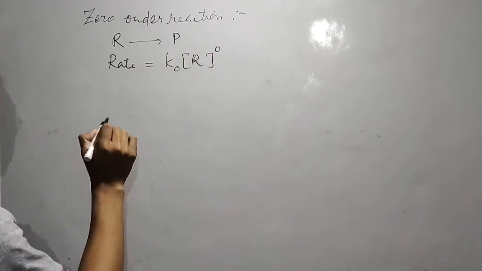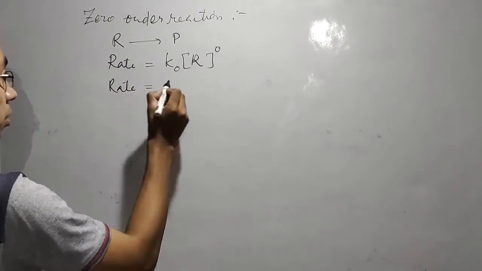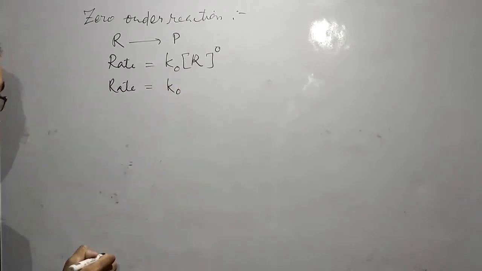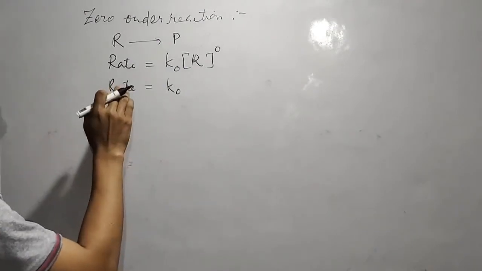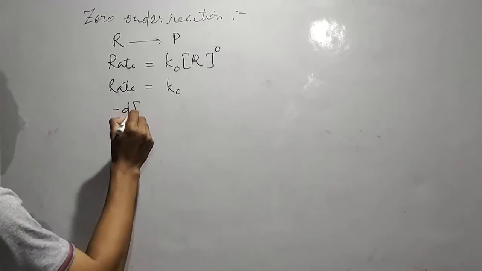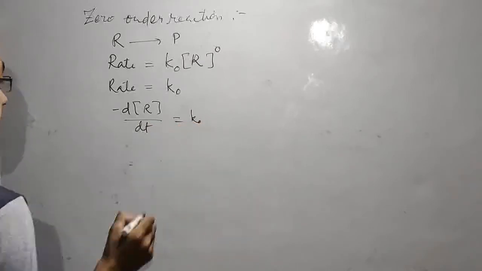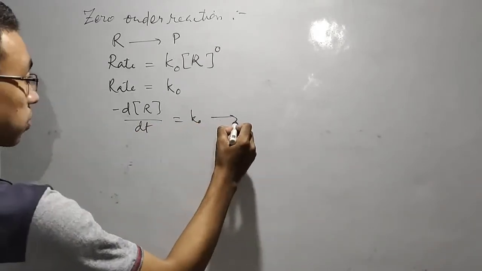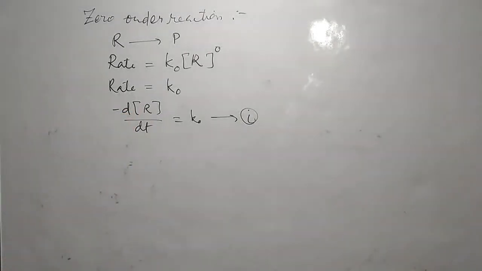Therefore rate is equal to k naught. According to the rate law, rate can be represented as minus d[R] by dt is equal to k naught. This is equation 1. This equation 1 is known as the differential rate equation, the differential form of the rate law.